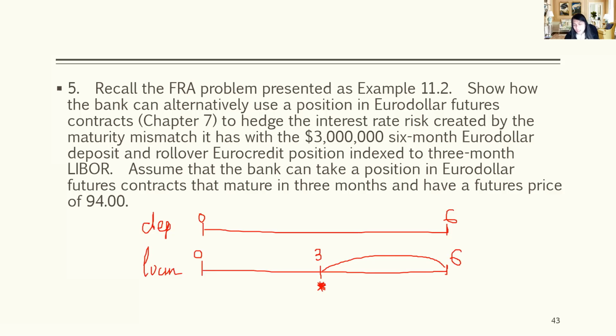And as a lender, if I'm investing, then I want the interest rate to increase. So here I will gain if the interest rate increases. In contrast, I will lose if the interest rate decreases.